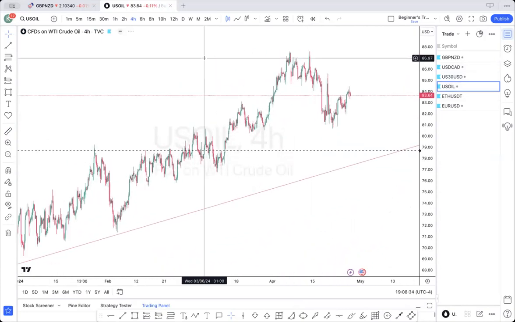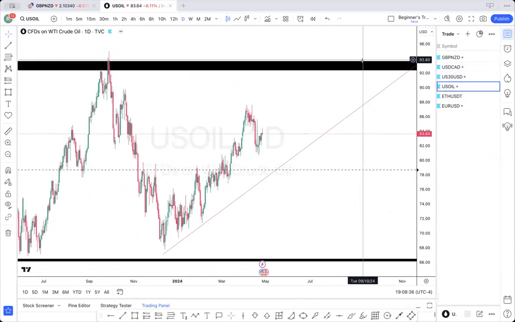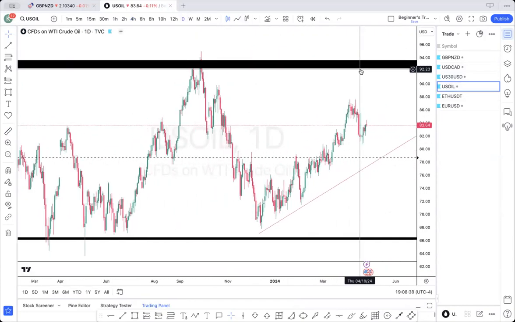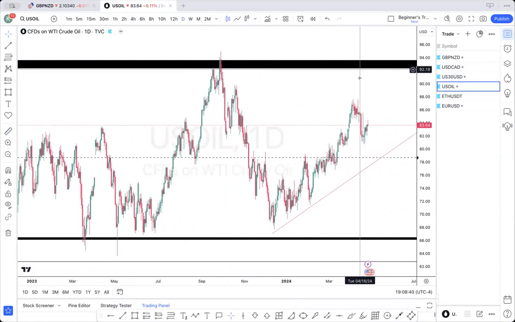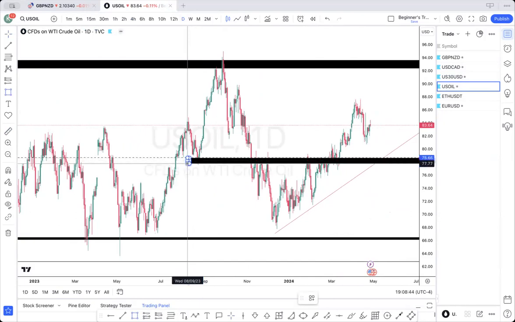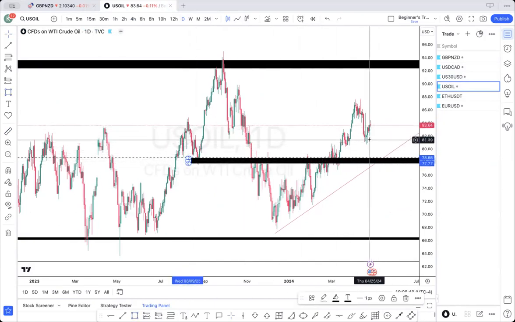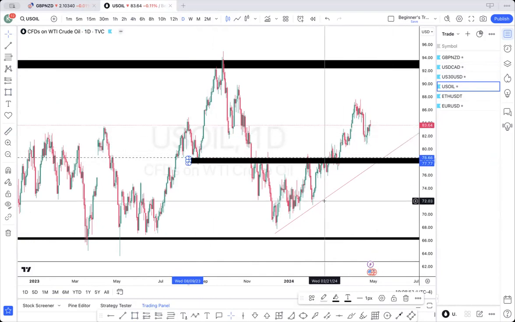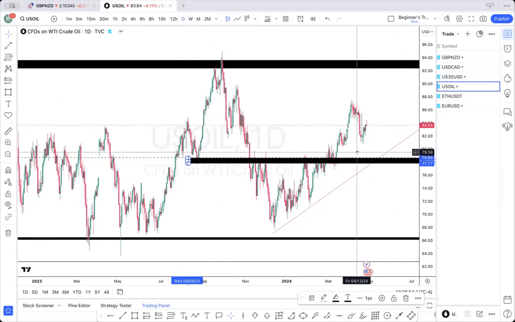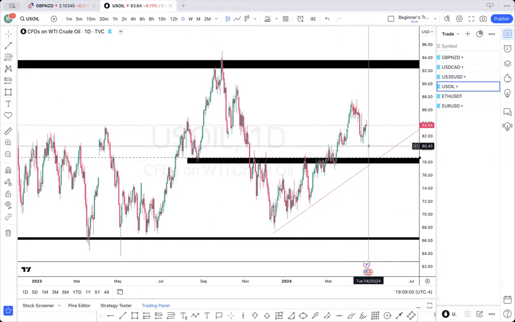Okay. Next, moving on to oil. Okay, daily. Here's my key level here. I would love to see price pull back to this zone, pull back at least to this trend line, right? I would love to see price come back, fill some of this imbalance, possibly tap into this order block.